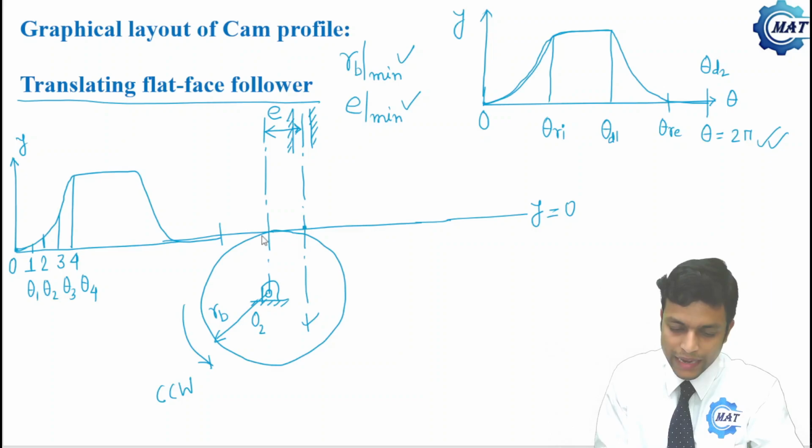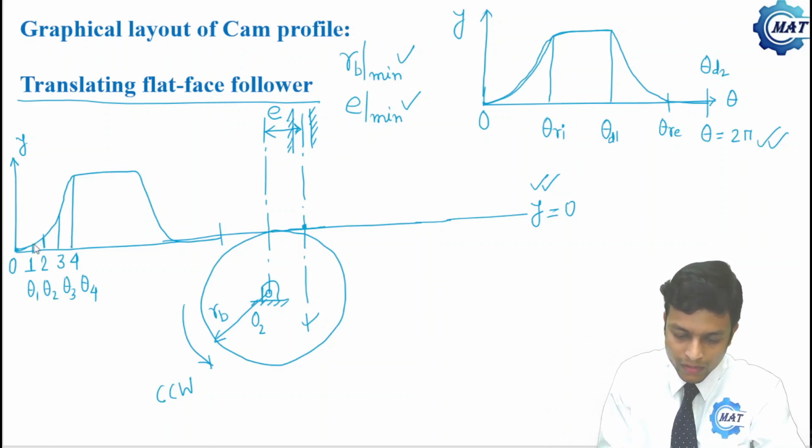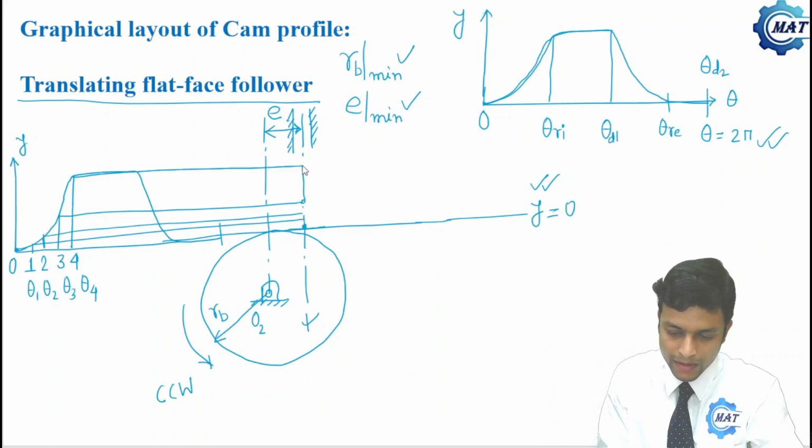So the corresponding y at point 0 is nothing but this point, because this is the lowest level of the follower. Now let us project this y to here. These are the corresponding y to the cam rotations. So these are the points. This is also 0, this is 1, this is 2, this is 3, and this is 4.